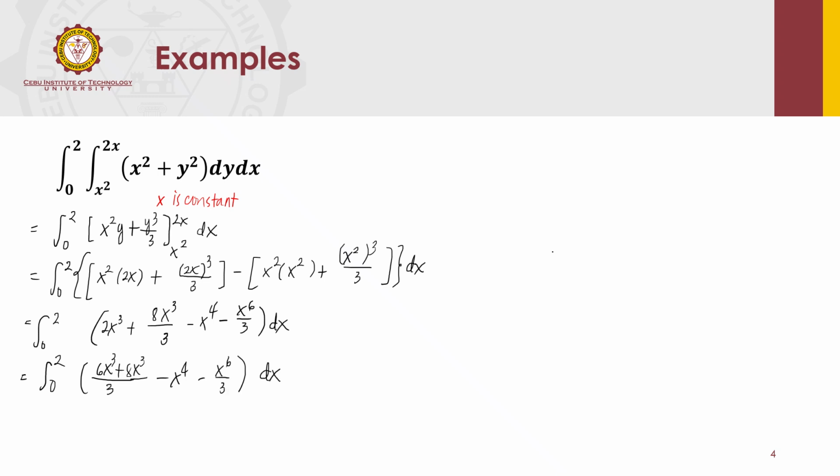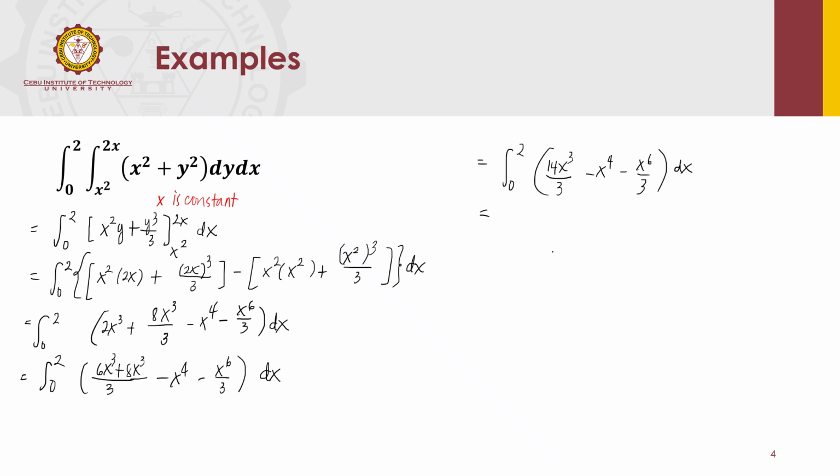Let's combine first 6 and 8, so that's 14x cubed over 3 minus x to the power of 4 minus x to the power of 6 over 3. You can combine the three terms, get the LCD, and factor out whatever can be factored out, but that's an option that you can do. Or just integrate each term.